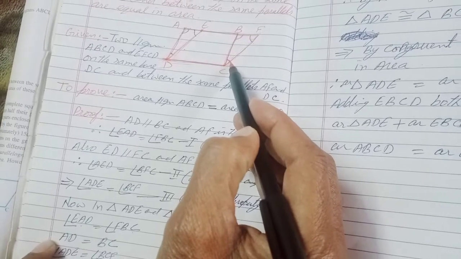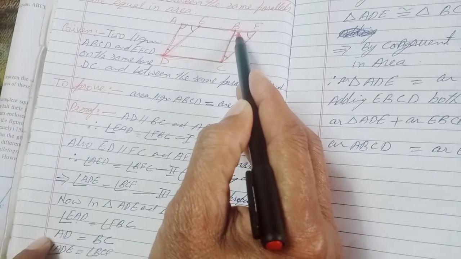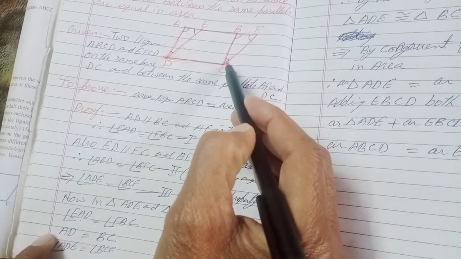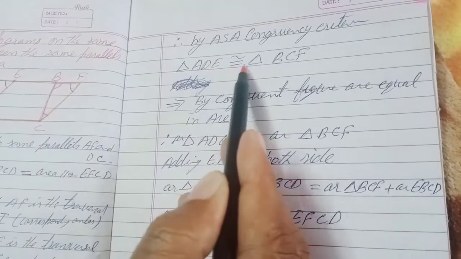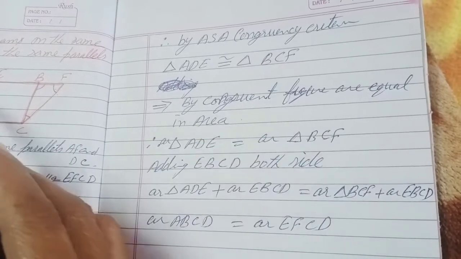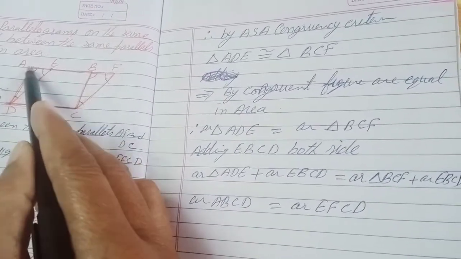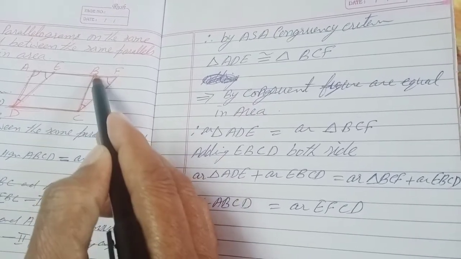Therefore, by ASA congruency criterion, we have triangle ADE congruent to triangle BCF. Right?